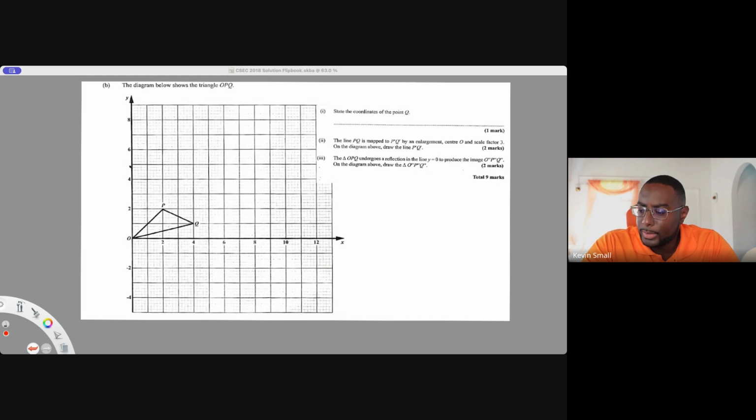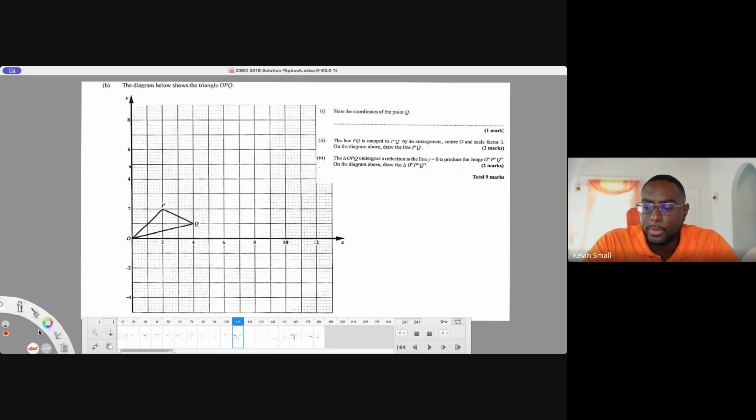All right, so the first question says, state the coordinates of the point Q. Easiest mark you could ever get in an exam. What is the answer for that first one? Someone tell me quickly. All right, Q is (4, 1). Easy stuff. Don't throw away easy marks. Even if the question looks hard, that is an easy mark right there.